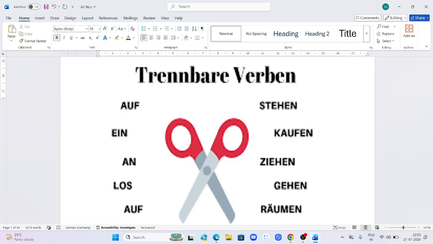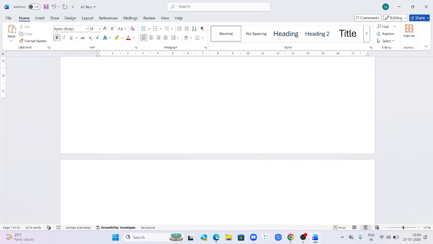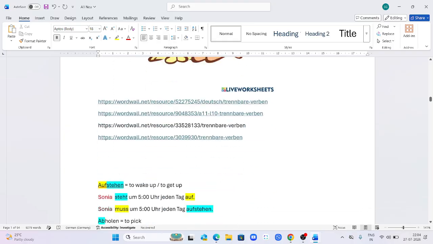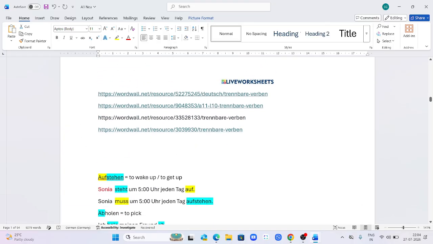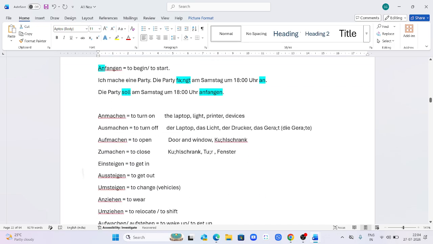Very good. I am picking my friend from the railway station. Okay. We will do this in detail. We have also done this, and we have done a few word walls on this. Already we have done it.